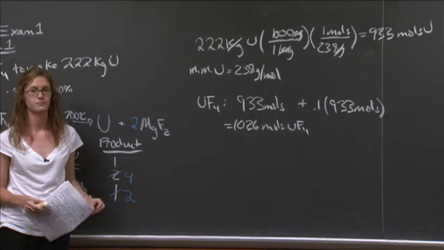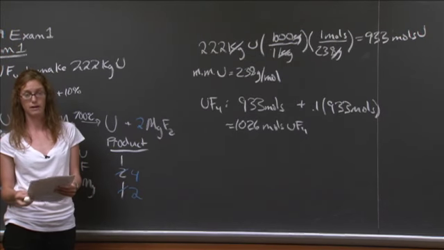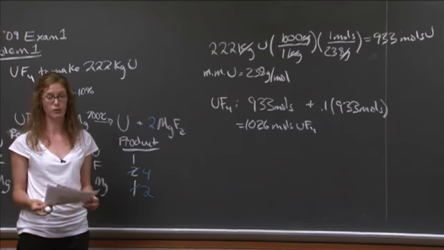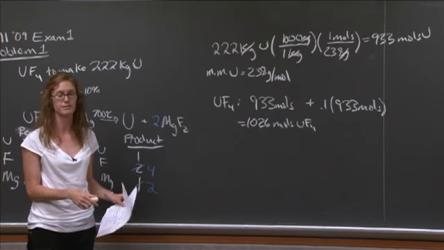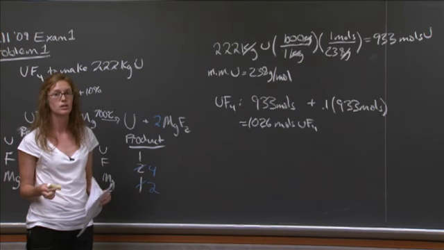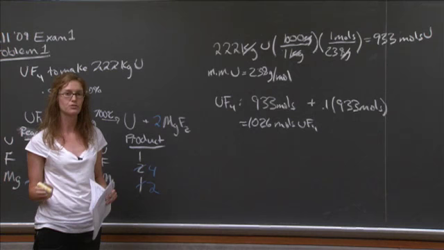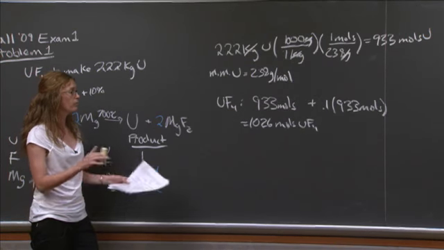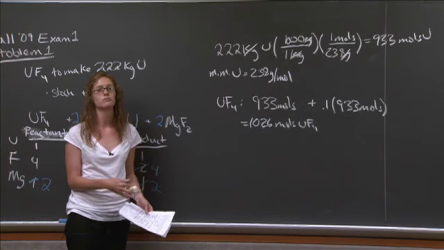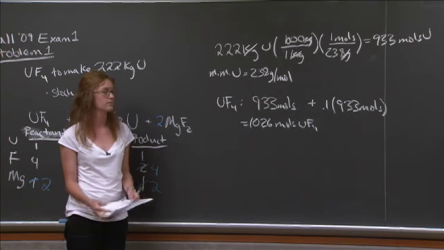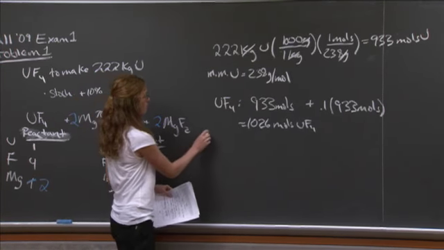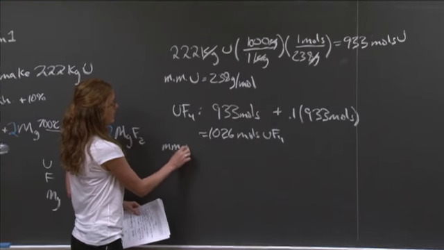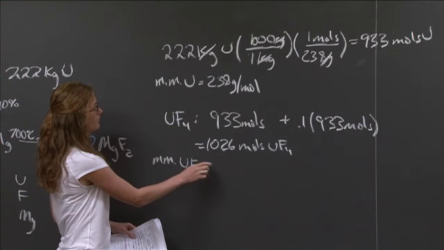Are we done? No, right? If we go back to the question, we see that it asks for our answer expressed in kilograms. That's why it's always important to keep track of what the question is actually asking you and to make sure you've answered that. So we have uranium tetrafluoride in moles. Now we need to convert it to kilograms. Again, we need the molar mass, this time of uranium tetrafluoride.